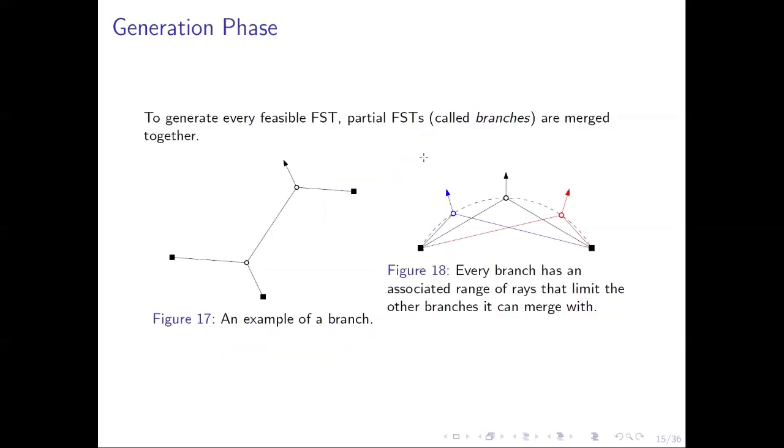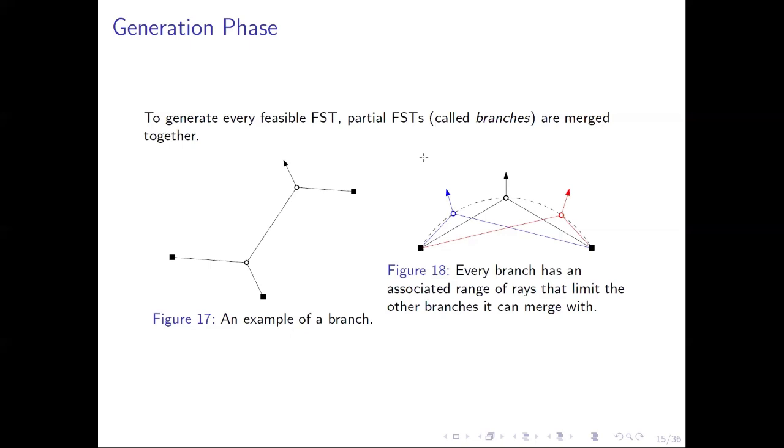Okay, so I'll go into a little bit of detail about the generation phase. We want to generate each of those individual FSTs. To do that, we're going to deal with these structures known as branches. You can think of branches as partial or unfinished FSTs. They're the building blocks for the FSTs.